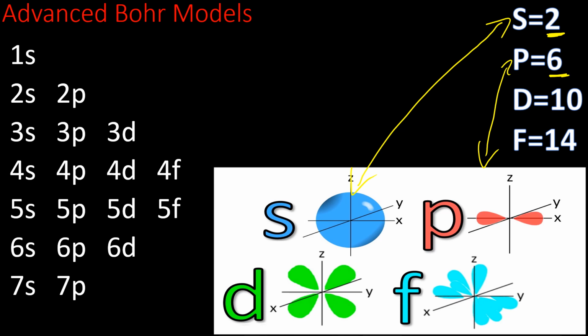Those can hold 6. The d orbital, which kind of looks like a flower, can hold 10. And the f orbital, which just looks like a completely jumbled mess, can hold up to 14.